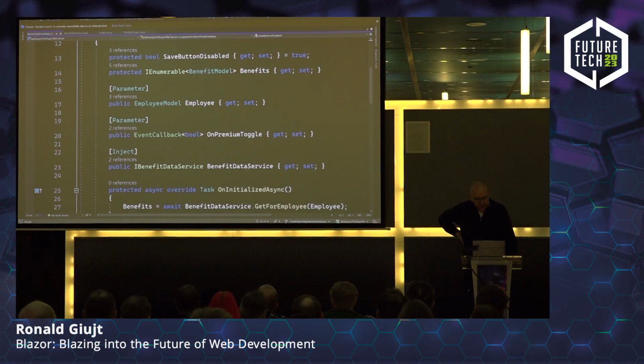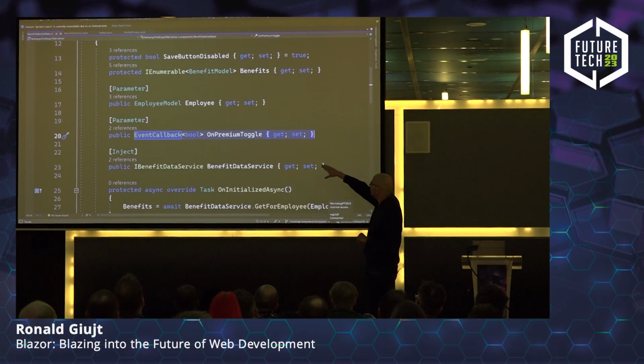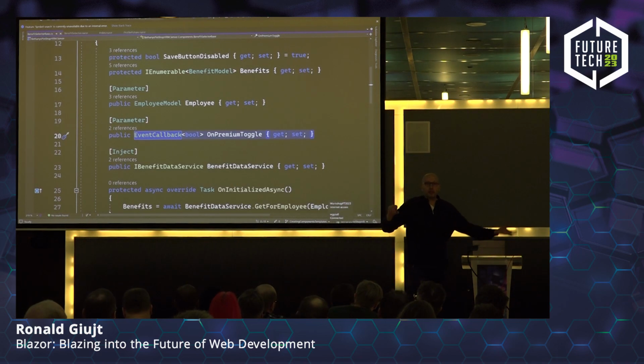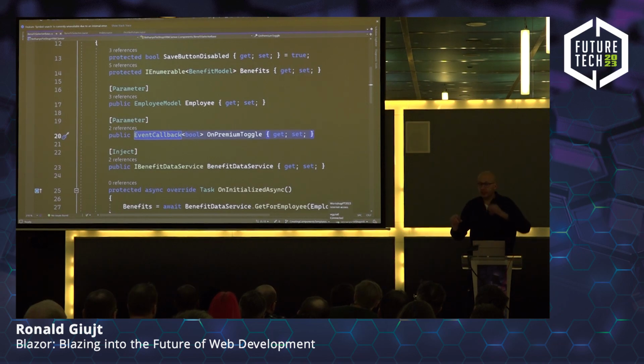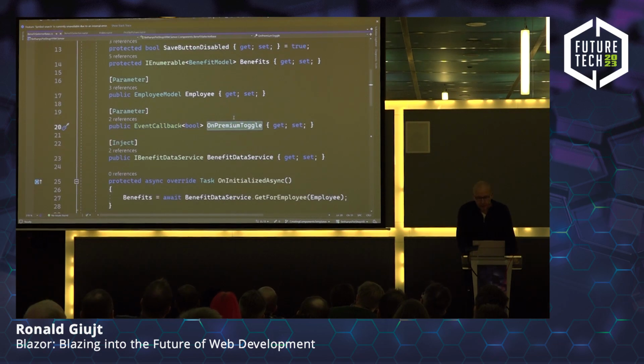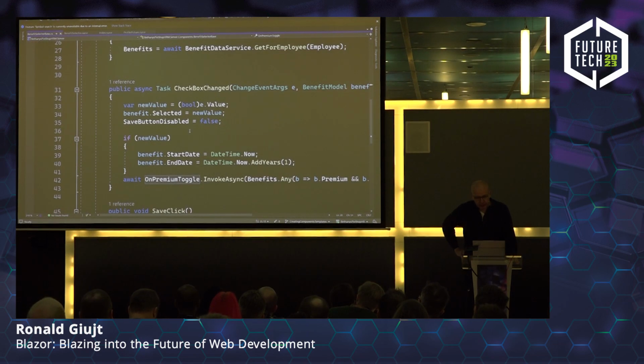But it also has an event callback of bool. And it's called onPremiumToggle. And this works like a delegate. So that means that this method can be called by this component. And another component can put a method inside it. So, for example, here we see that when the checkbox is changed, we call onPremiumToggle.